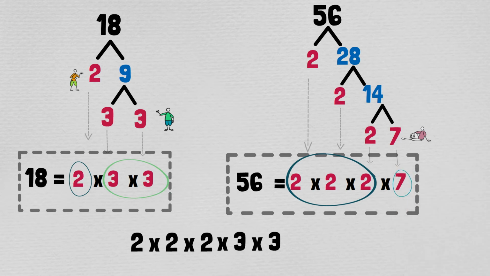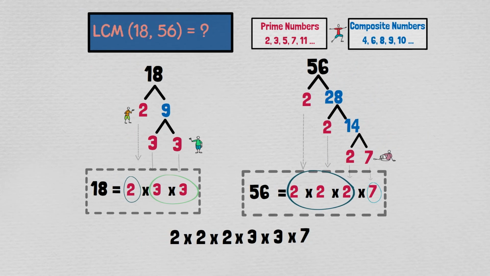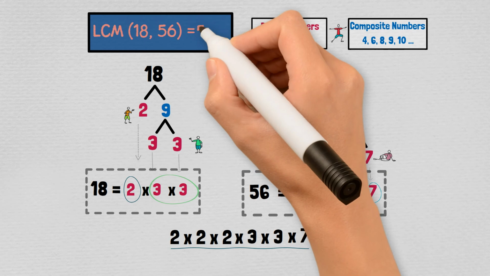Finally, 7 is a factor of only 56, and it is present only once, so we take it as it is. Finally, we multiply all of these factors together to get the LCM of 18 and 56. 2 times 2 times 2 times 3 times 3 times 7 equals 504.